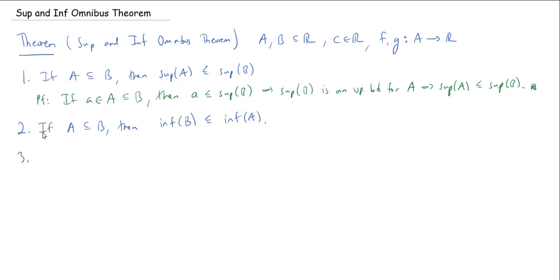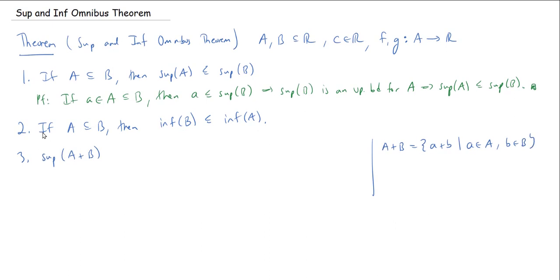All right, number three. If I take the supremum of the sum of the sets A and B, so just on the side, recall, if I add two subsets of R, I just mean look at all possible sums where one summand is from the first set and the other summand is from the second set.